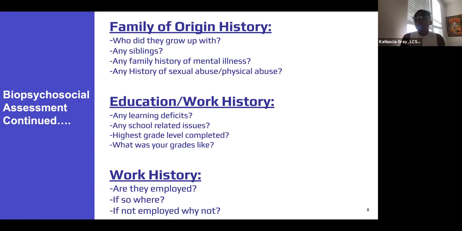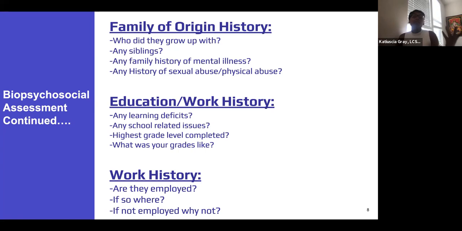Another important question. Any family history of mental illness? Why do we ask for a family history of mental illness? Mental illness, just like diabetes and high blood pressure, most people have a predisposition for it, right? So if your mom has a mental health issue, if your dad has a mental health issue, if your uncle, your grandma, an auntie, if someone in the family has a mental health issue, you are predisposed for it.